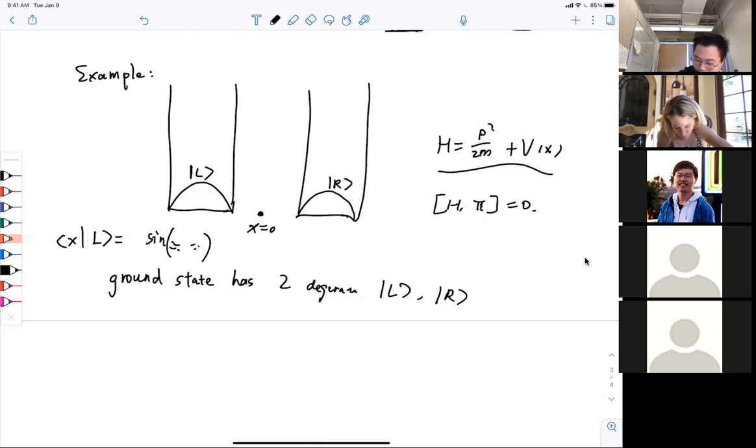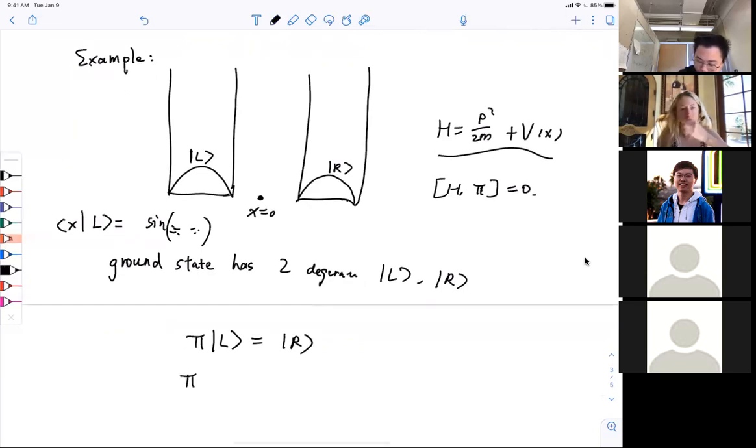So in this basis, you can say this pi acting on L is R, and the pi acting on R is L. So both of them are not parity states, right?